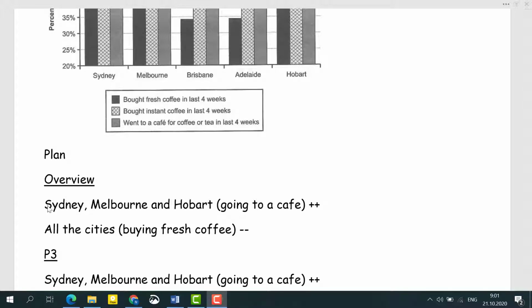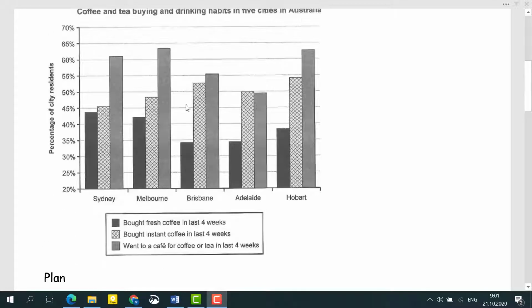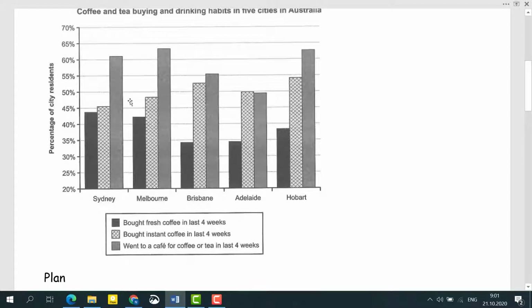Okay, so what can we do? If you look at this bar graph carefully, and if you focus on the highest or largest figures, it's obvious that going to a cafe, which is column number 3, has the highest figures.